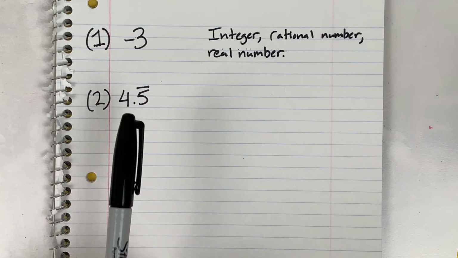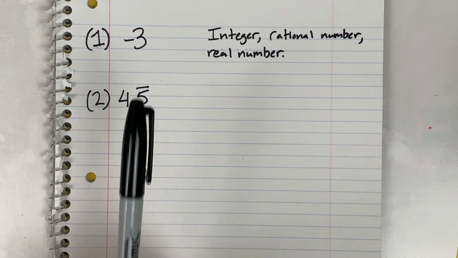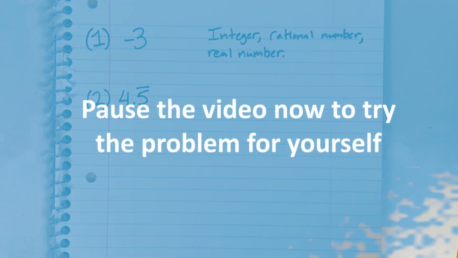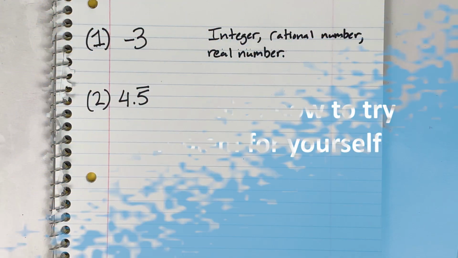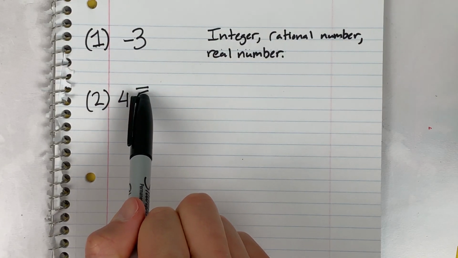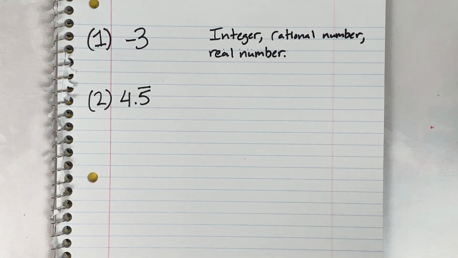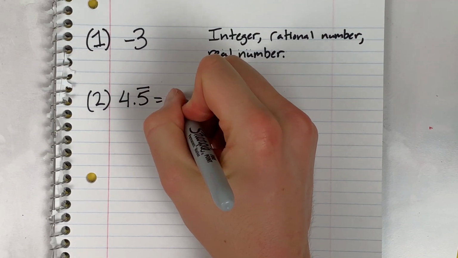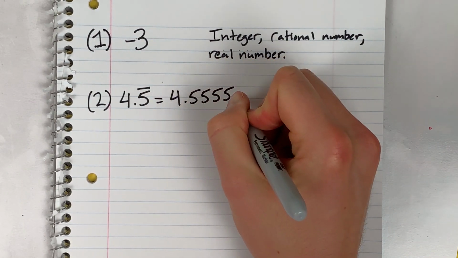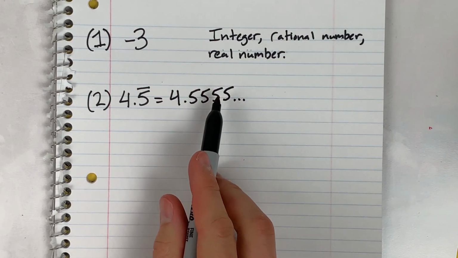Next up, we have 4.5 repeating. How many ways can we classify 4.5 repeating? Well, firstly, let's remember what this bar means. The bar means that this is actually 4.5555, where the 5 repeats forever.